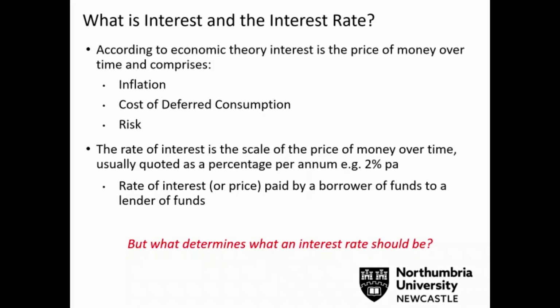And if you defer your consumption because of inflation, you know your consumption may be more expensive in the future, therefore you want to be compensated with a rate above inflation, but also that involves compensation for deferring your ability to spend now. So let's look at what makes interest rates change, or what determines an interest rate.